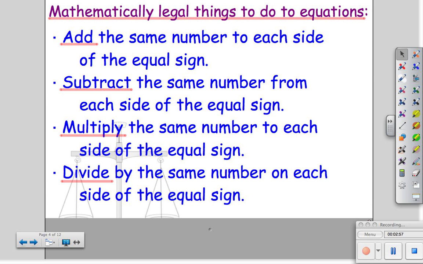You can divide each side of the equal sign by the same number and still get an equivalent value. So with multiplying, you could think of doubling each side. If you've got the same amount on each side and you double it, it's still going to be the same amount to each other. Same thing with division. You can divide it into fourths. If you have 1/4 as much as you had before, you're still going to have 1/4 as much on the other side, so they will still be equivalent.